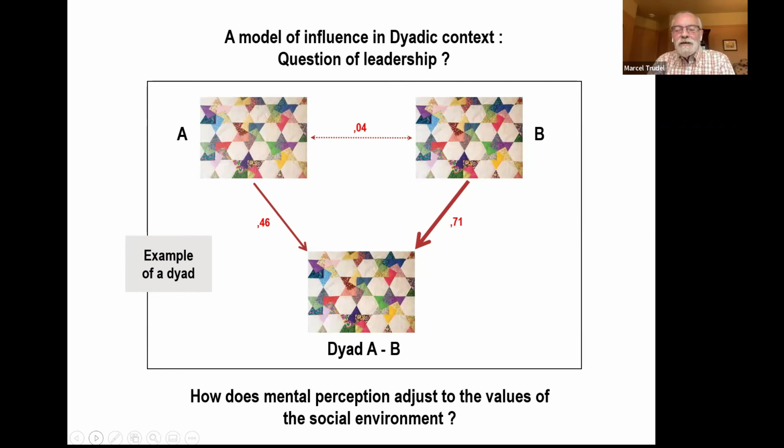As every day you do that. How does mental perception adjust to the value of the social environment? I'm quite interested in this aspect, the transformation or evolution from individual Q-sort to dyadic Q-sort. I have never seen anything in the publications on the Q method related to this issue. Perhaps I'm a fool, I can admit that.